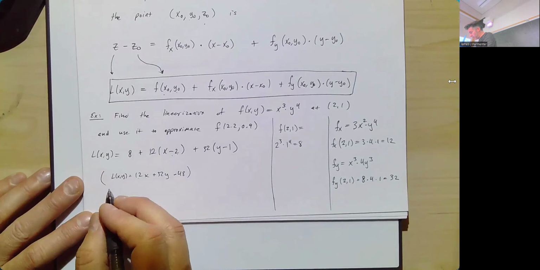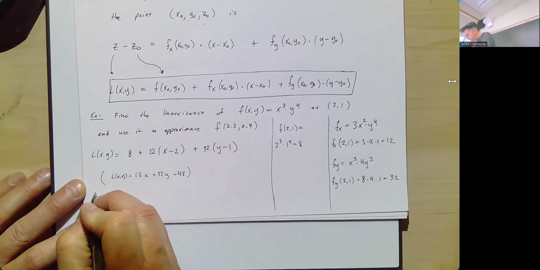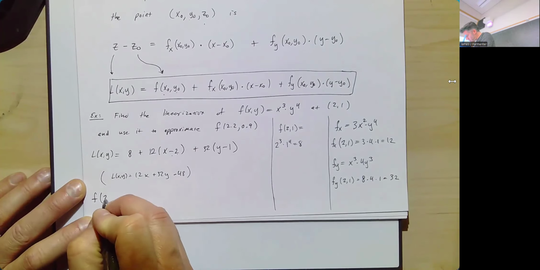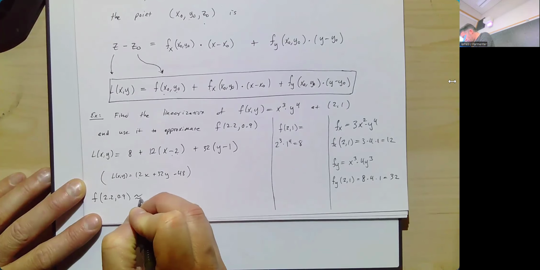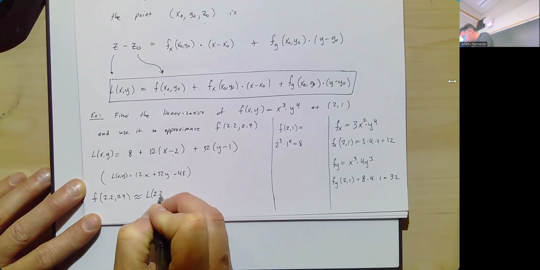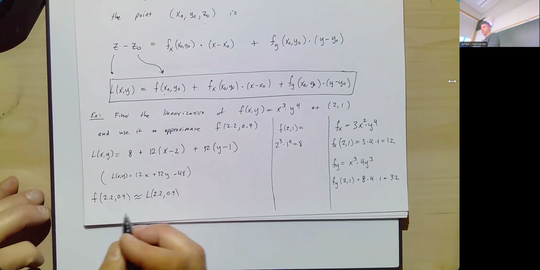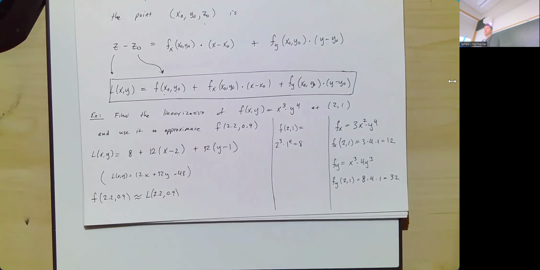So now I'm going to say that f of (2.2, 0.9) is approximately L of (2.2, 0.9). I think it's nice to write this step here. It shows that you know what you're doing. You're saying, I want to get the function value, and I'm approximating it using the linearization.